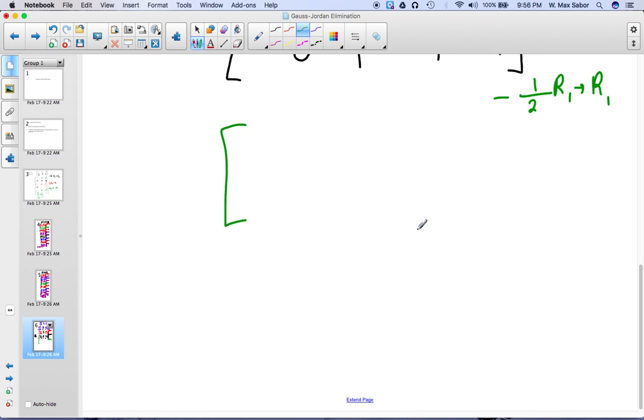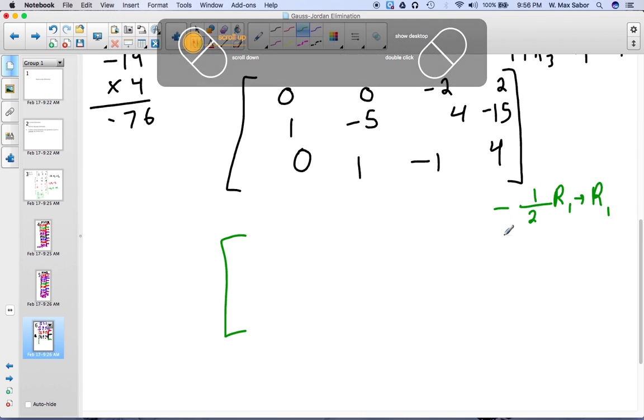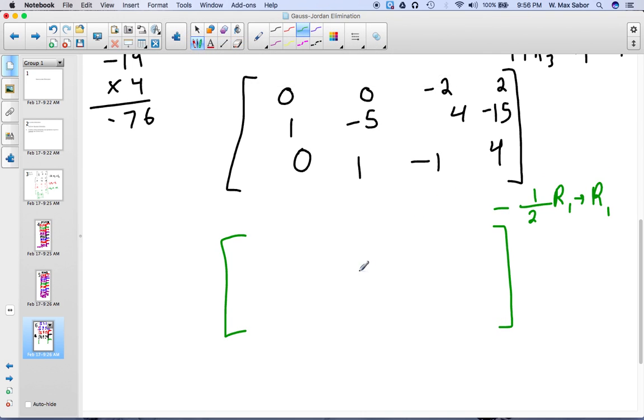Now it is worth mentioning that we can do more than one row operation at a time if we're comfortable with that. We're not always going to want to do that because you open yourself up to more opportunities to make a mistake. But it's certainly allowed.